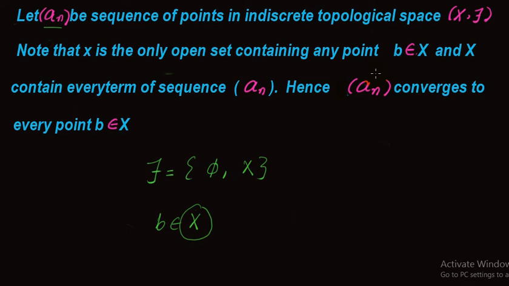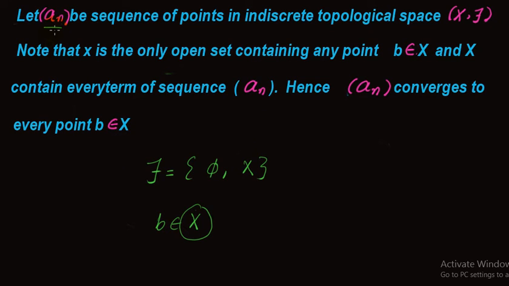So for any point b belongs to X, this set X contains every term of the sequence an. Hence, an converges to every point b belongs to X.